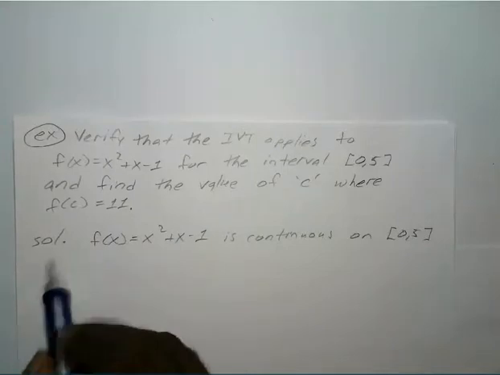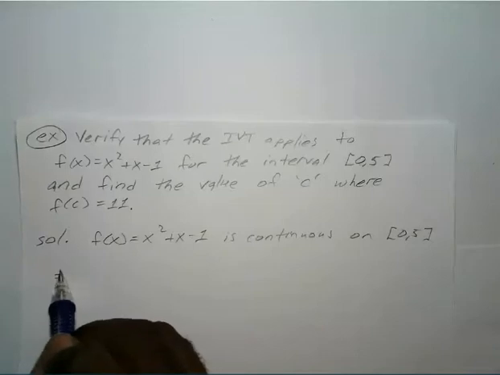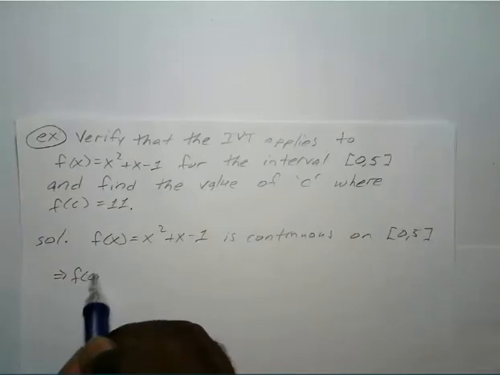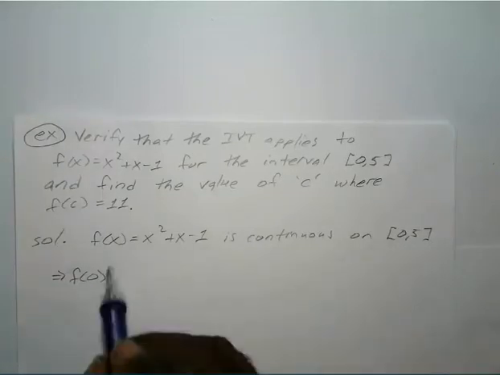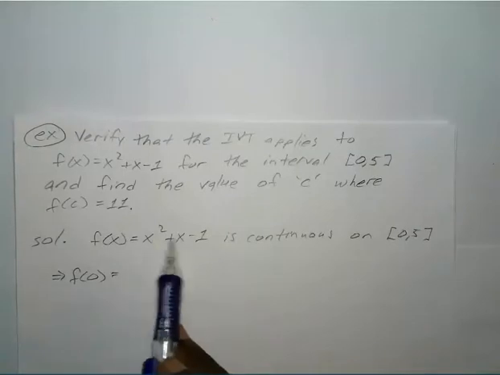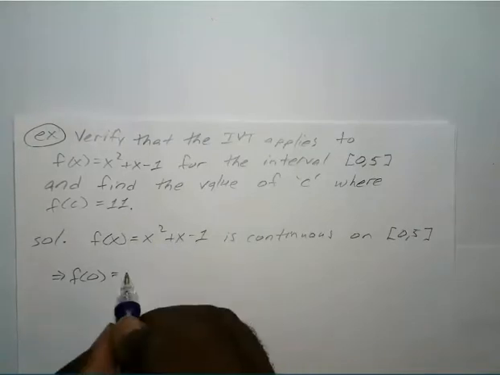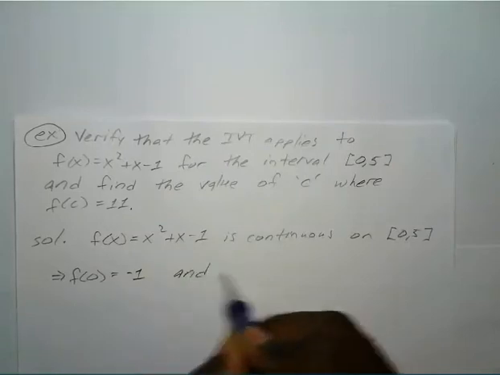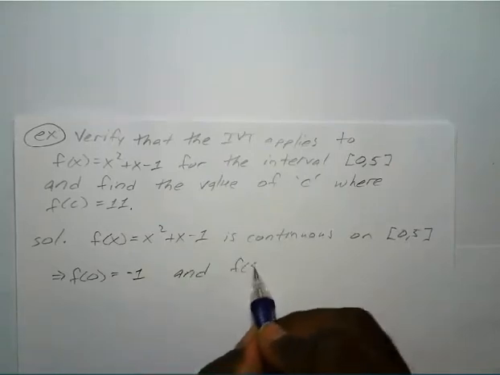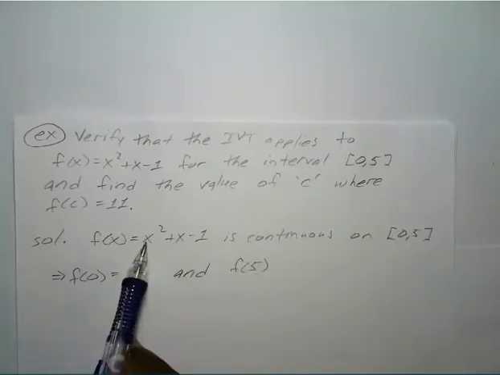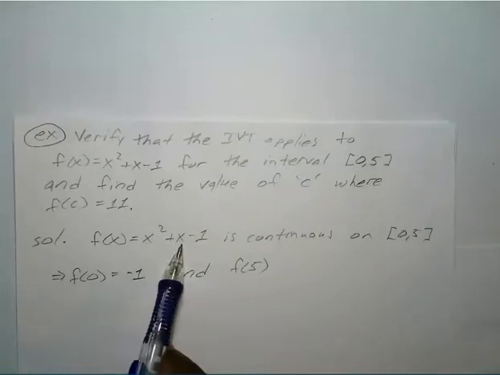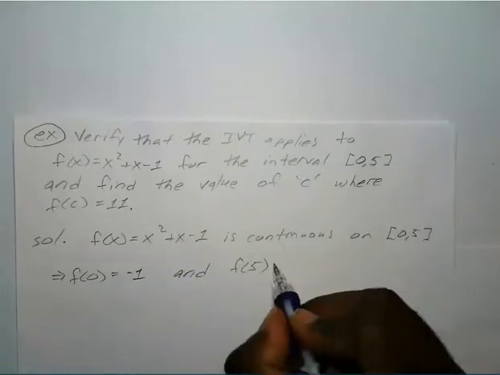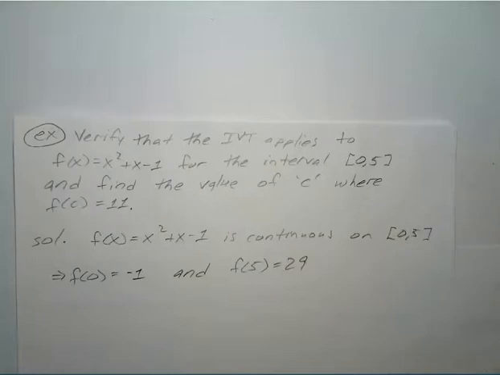So again, we find the endpoint values. We know that f of 0 is 0 plus 0 minus 1, so it's negative 1. And f of 5, we have 25, plus 5 is 30, minus 1 is 29, so it's 29.